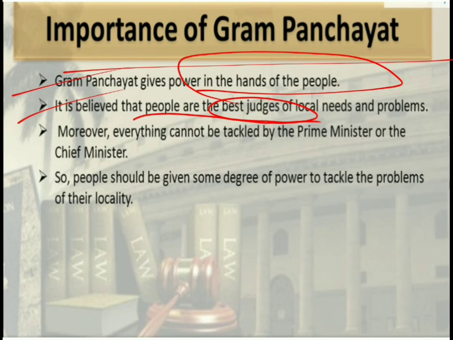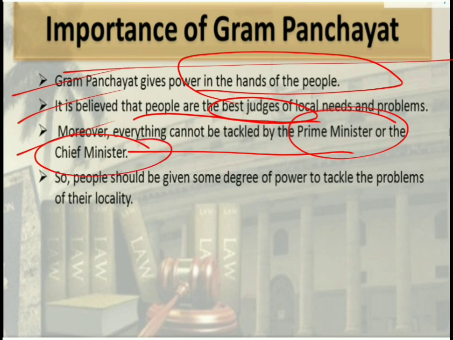These are some problems they face in day to day life, so they require a good government that is helpful for them, so they are the best judges of local needs and problems. Moreover, everything cannot be tackled by the prime minister or the chief minister within village problems, so people are the best judges of local needs.